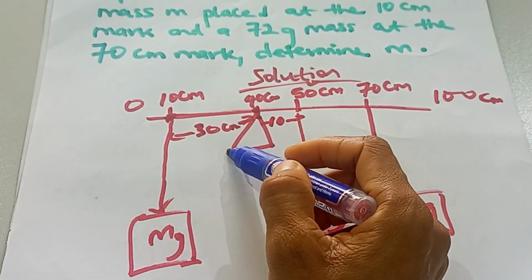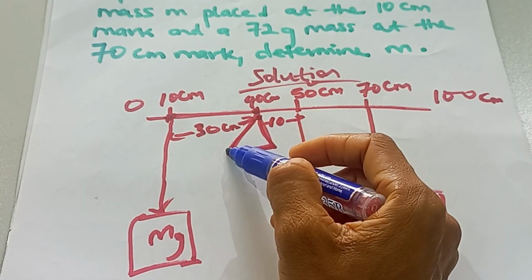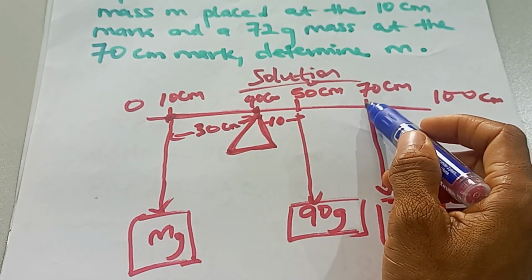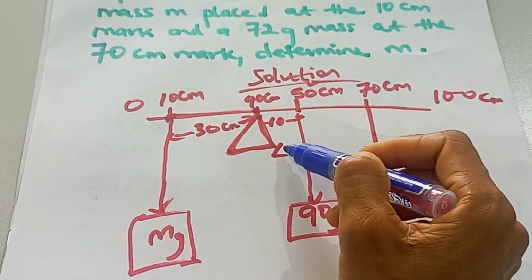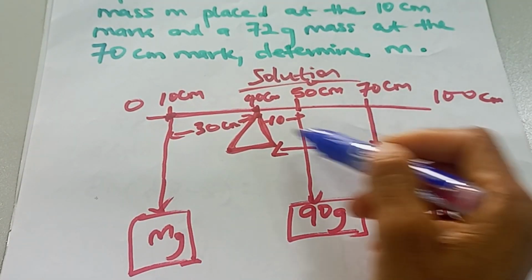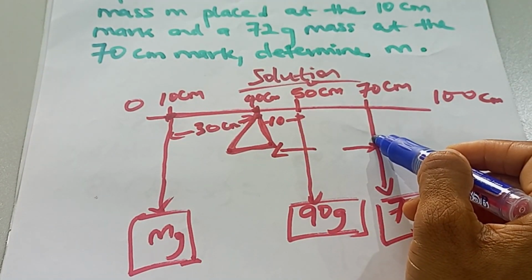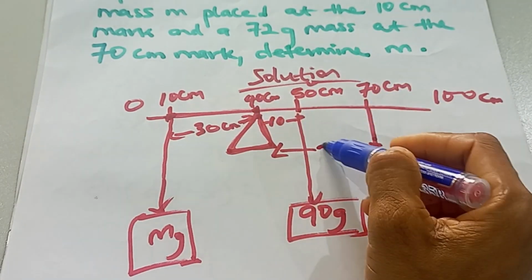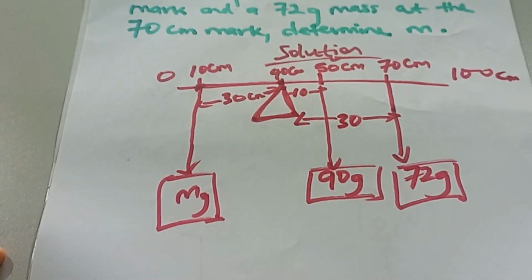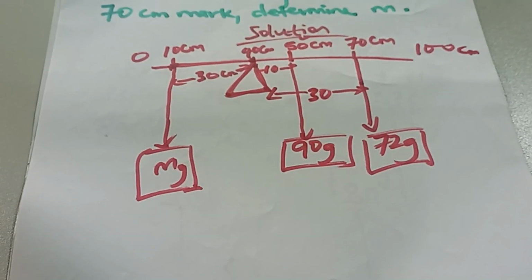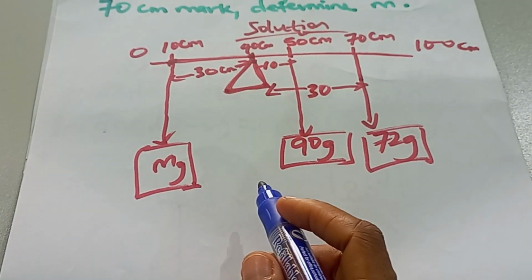Please, we are taking moment about this pivot, very very important. So we cannot use 70 minus 50. We are rather looking for the distance from the pivot to the 70. Take note, 70 minus 40 will give us 30. Please, these points I'm mentioning are very very important. Make sure you watch this video until you understand it.